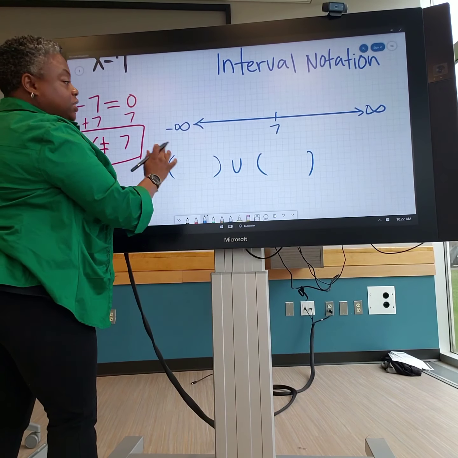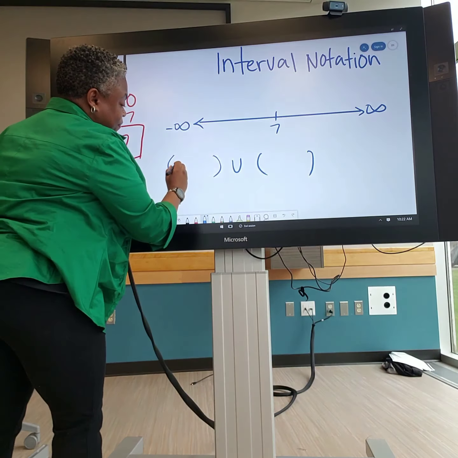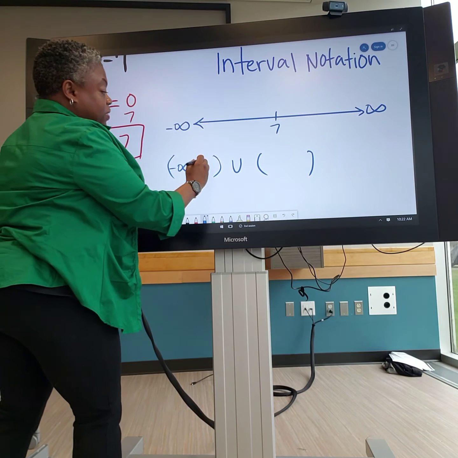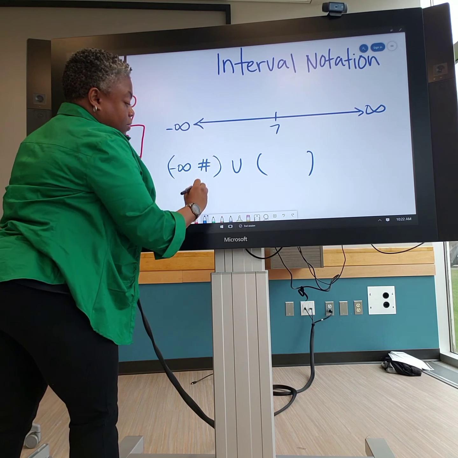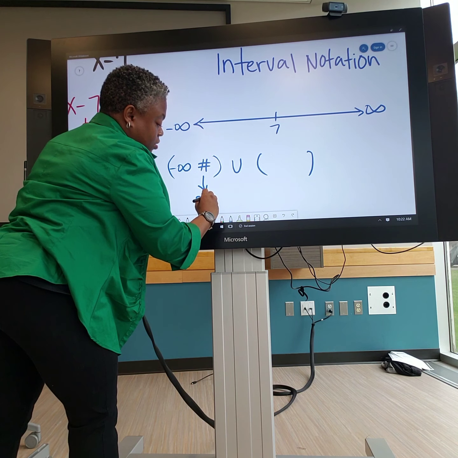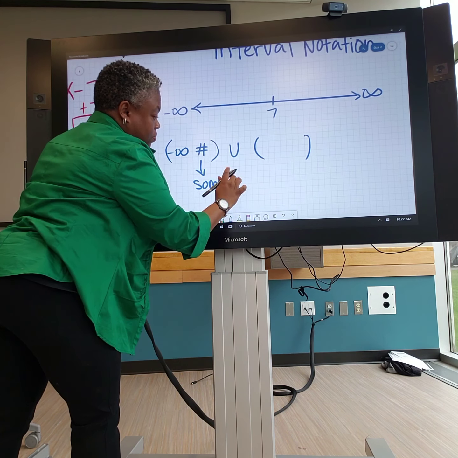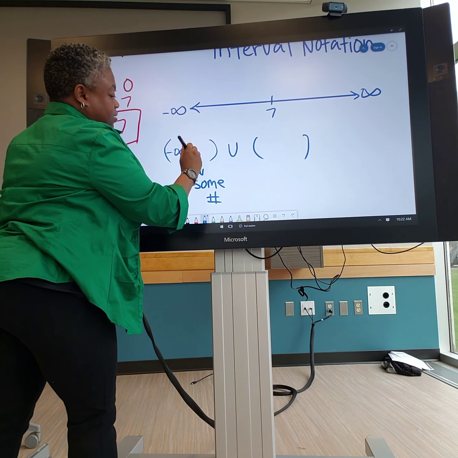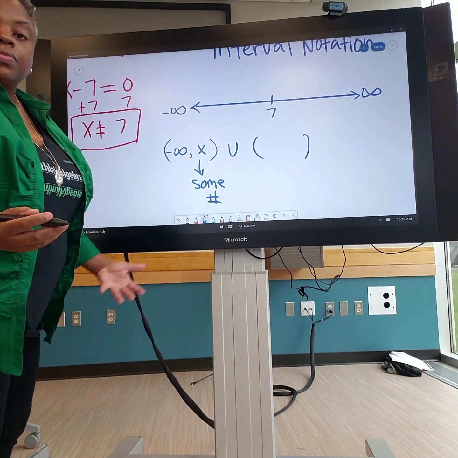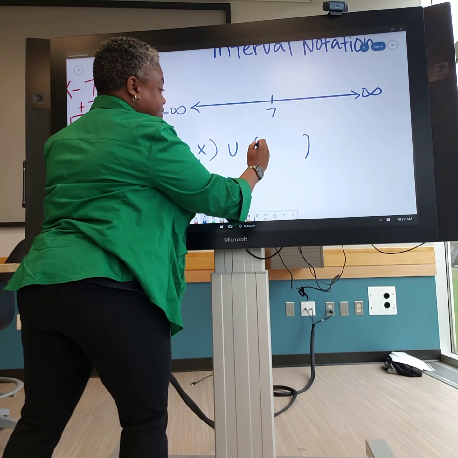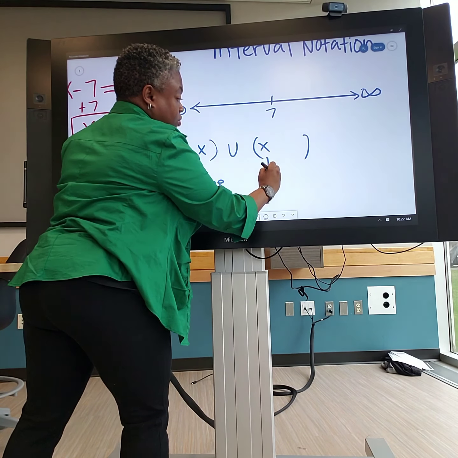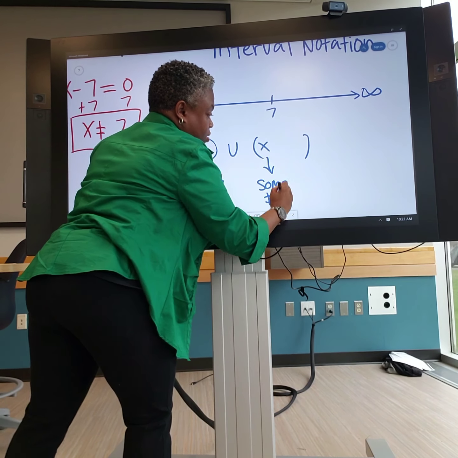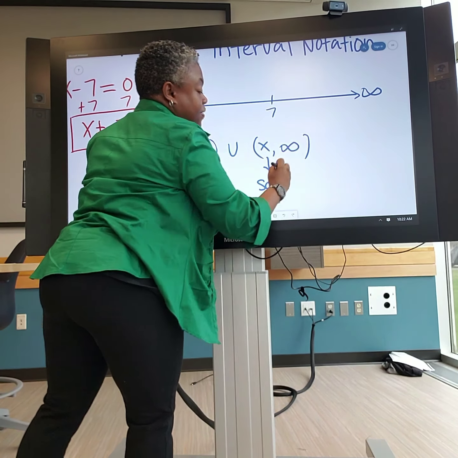So when you write your interval notation, negative infinity always goes here, and it's going to be some number in here, or whatever x is. You can write x, whatever x is, and then it's going to be some number, positive infinity.